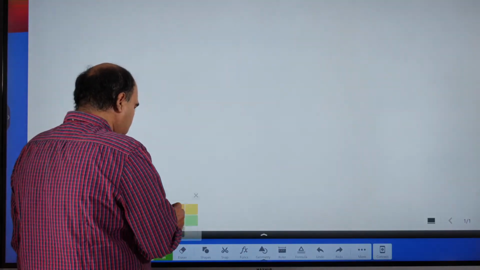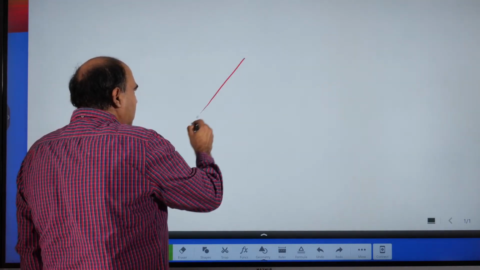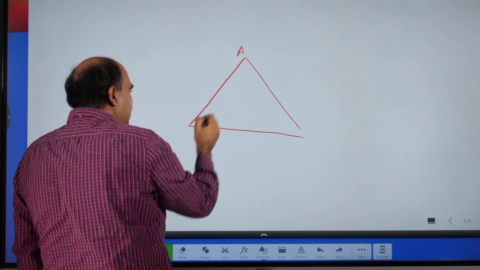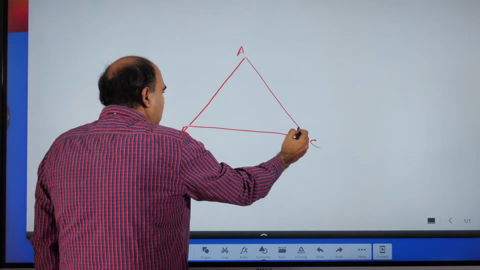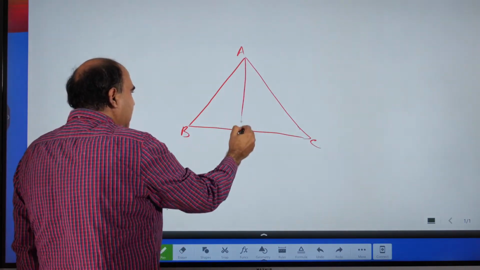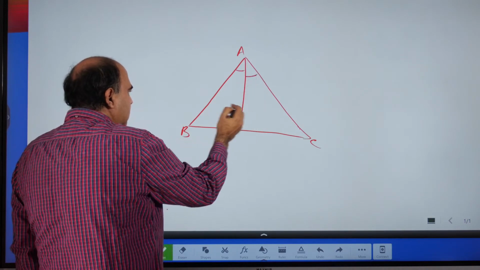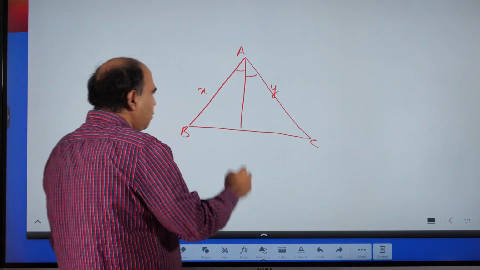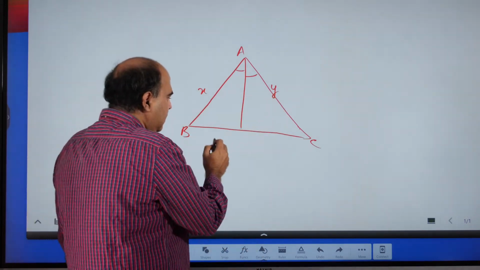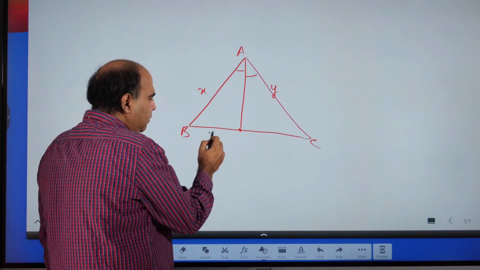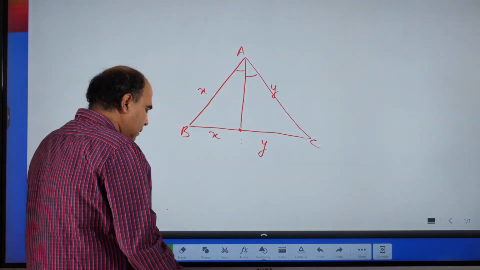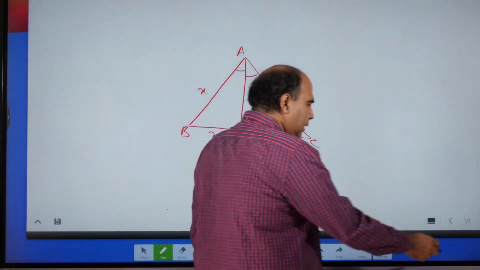If you've got a triangle, let's say ABC, not an equilateral triangle, and this is the angle bisector, and x and y are the ratio of these two sides, then the angle bisector will divide the third side also in the ratio x is to y. That is the basic angle bisector theorem.